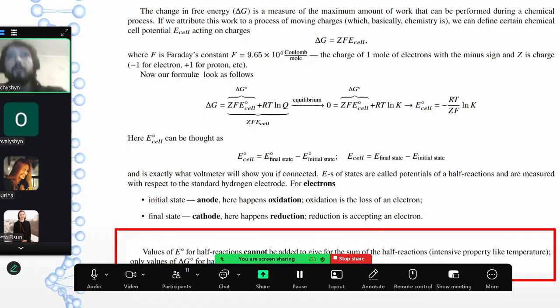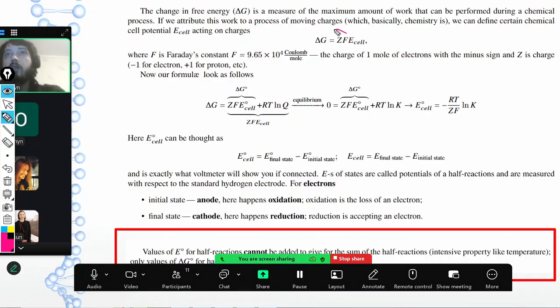If we can attribute this work to a process of moving charges, well, that sounds pretty reasonable. What is chemistry? Chemistry is basically moving charges, most often electrons. So we can define some virtual potential and rewrite our free energy in this form.